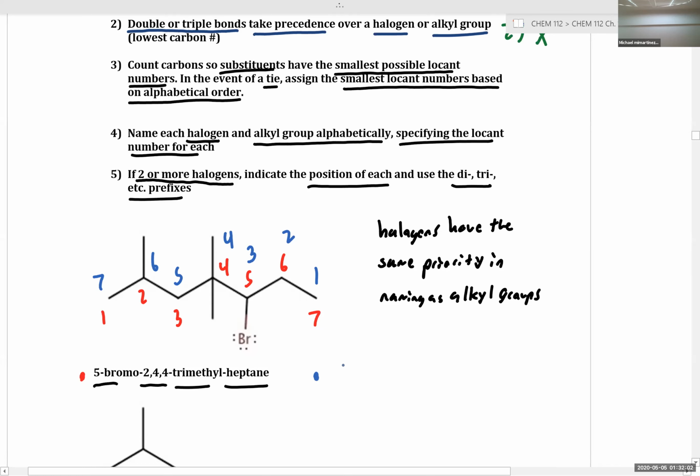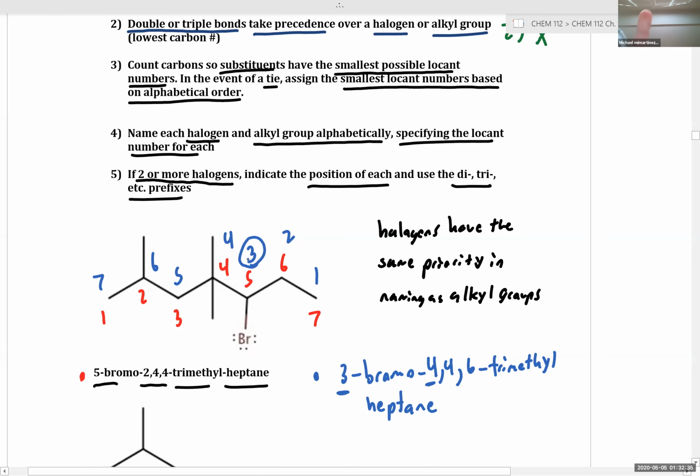So we have 3-bromo-4,4,6-trimethylheptane. Now, if we look at our locant numbers, which naming convention gives us the smallest locant number?